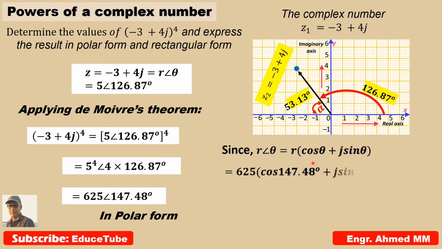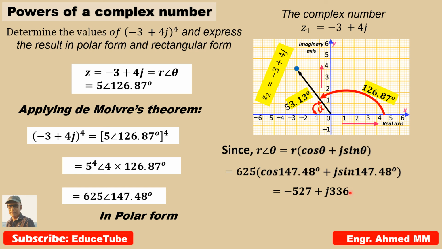Let's put the value for theta, because r is 625 and theta we already know. Calculating all this with a calculator, we get minus 527 plus j336.